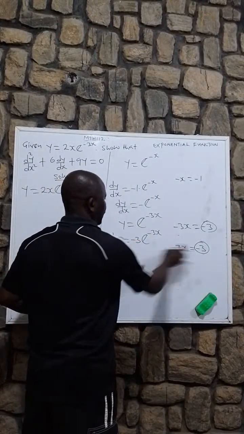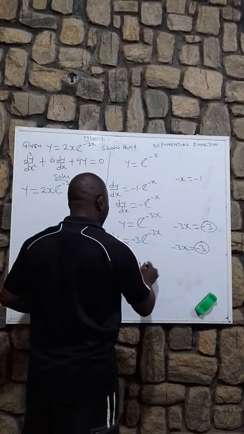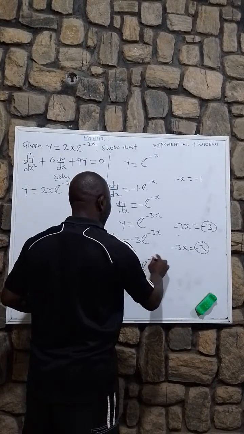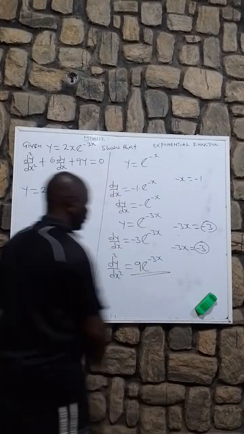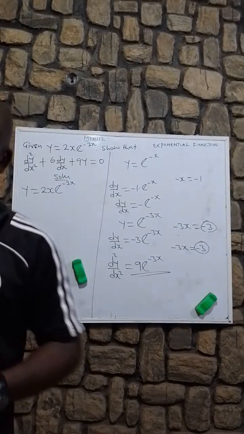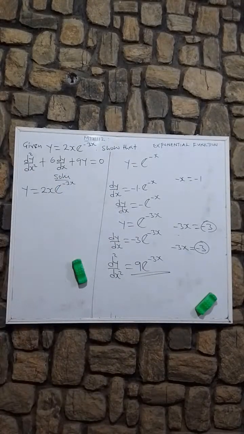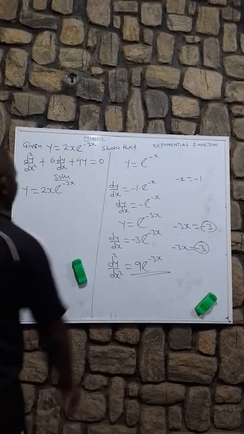So minus 3 times minus 3, you are going to have 9 e to the minus 3x. Any question? This is how to differentiate exponential functions. So let's proceed to consider this problem. Is that clear? Okay.